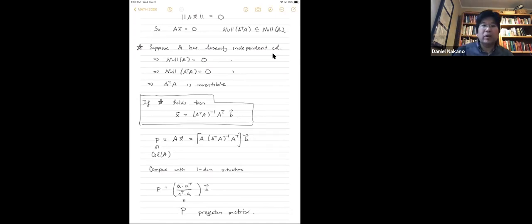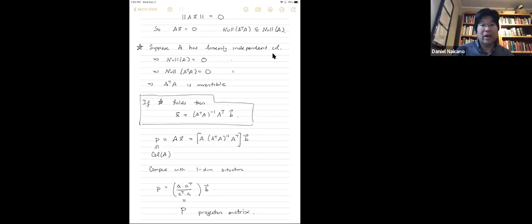So last time what we did was we looked at the one-dimensional projection matrix, when you're just projecting a vector onto a line. And I just want to show you that in that case, the matrix is a 1-by-1 matrix. And so you can slide the A and the A transpose over, but if you have more than a 1-by-1 matrix, you can't do that.